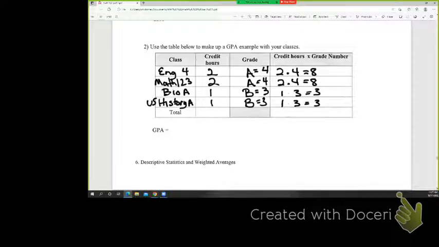And then we add up the credit hours. Or in this case, we're talking high school, we would just say credits. We add up the credits. We add up the quality points. So I got 16 and 6 makes 22. And then we would be doing 22 divided by 6. We never add up this column. That's why it's great.